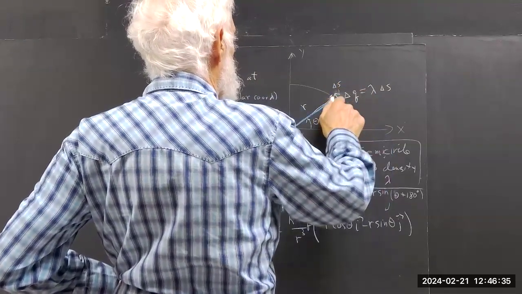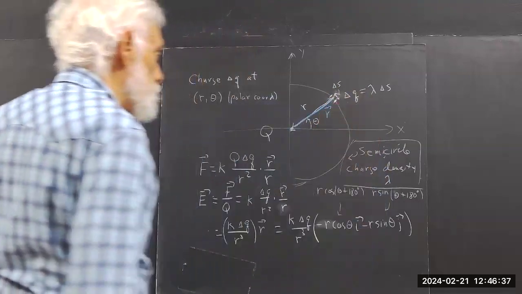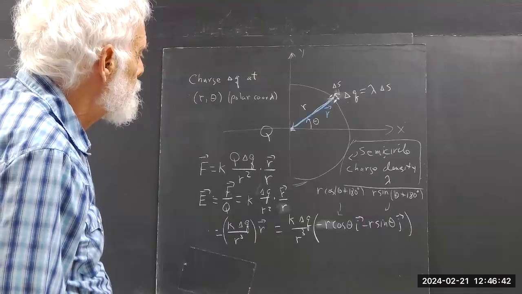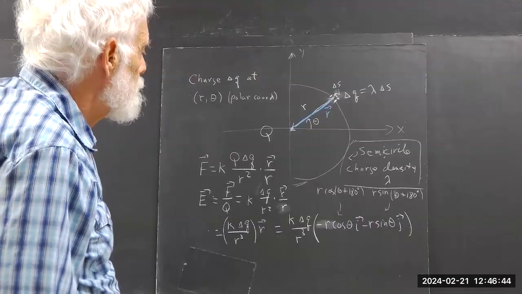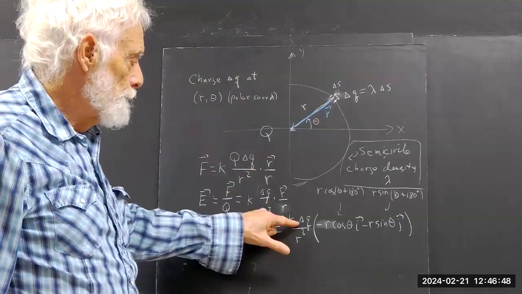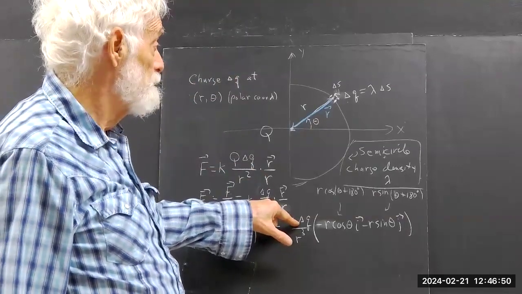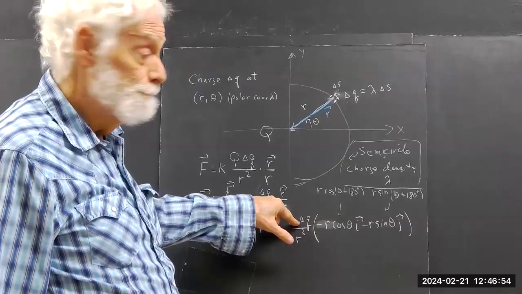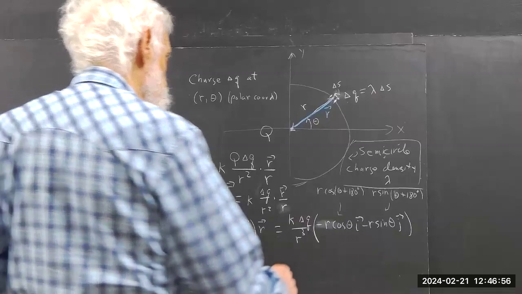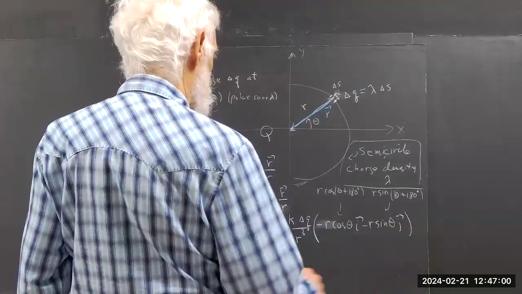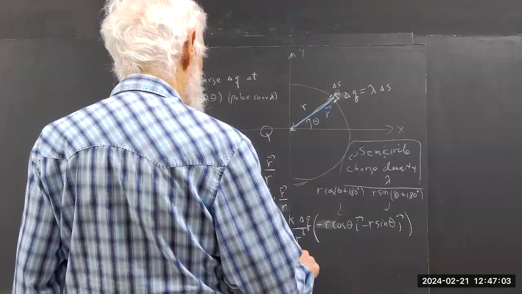There's delta S. We've got a charge delta Q here. I'm going to draw an arrow. So the only thing that would be different in our expression would be that instead of delta Q, we'd have lambda delta S, right? There's another thing we can do in our expression.